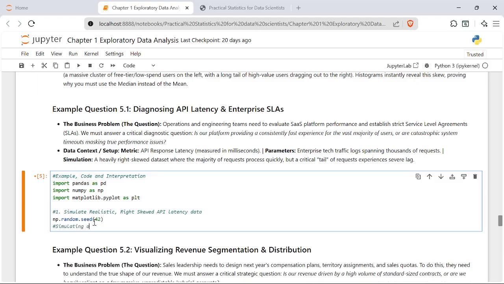Simulating a mix of normal traffic and slow API latency and slow long tail requests.